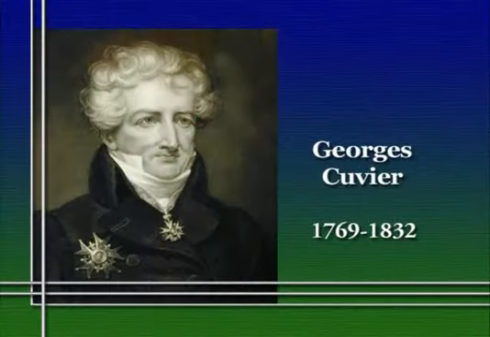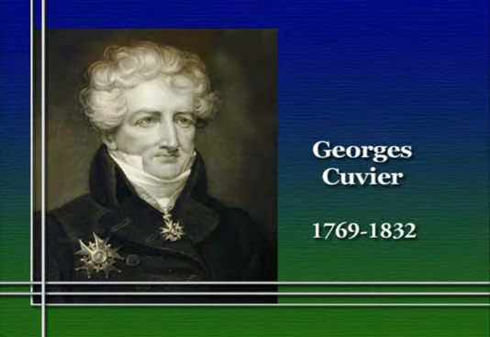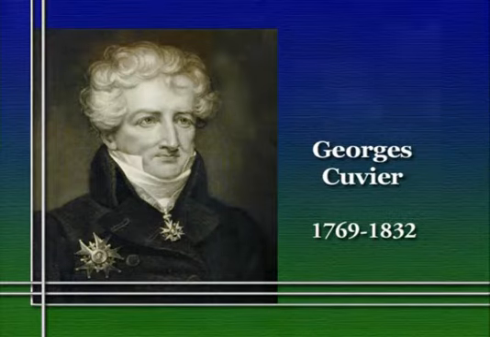Actually, the scientist who is credited with founding the field of paleontology, the French anatomist Georges Cuvier, himself was a staunch opponent of the idea that evolution occurred. Cuvier acknowledged that you could find fossils in the fossil record of species that no longer existed, and furthermore, that fossils of species that hadn't existed earlier would appear at a later time in the fossil record.